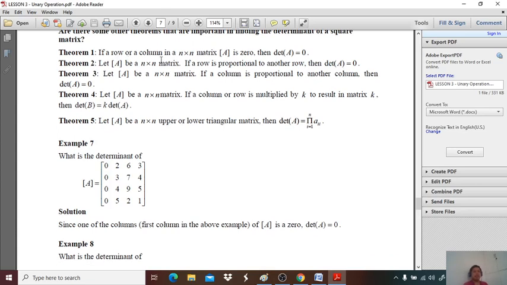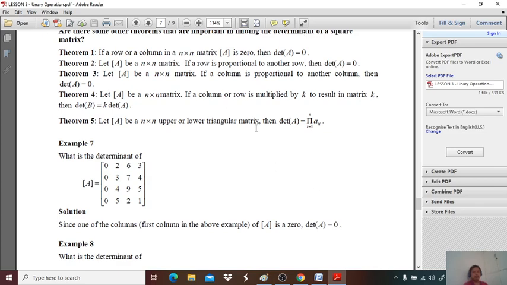If a row or a column of an n by n matrix is 0, then the determinant is 0. If matrix A is n by n, a square matrix, and one row is proportional to another, then the determinant of A is 0. Meaning you have, let's say, 1, 2, 3, then 2, 4, 6.